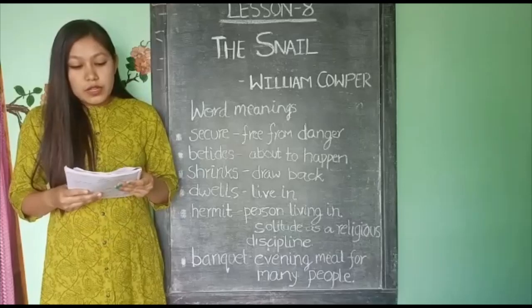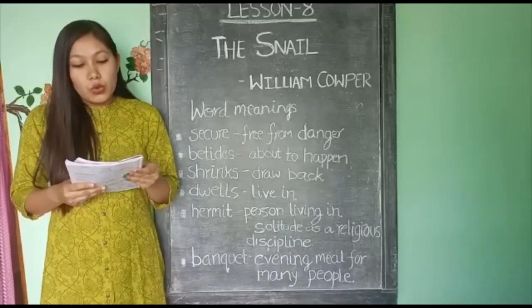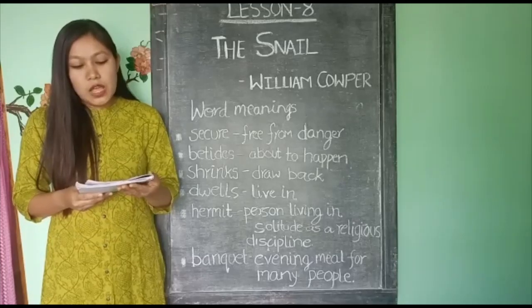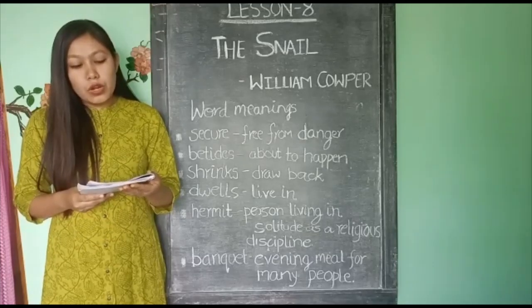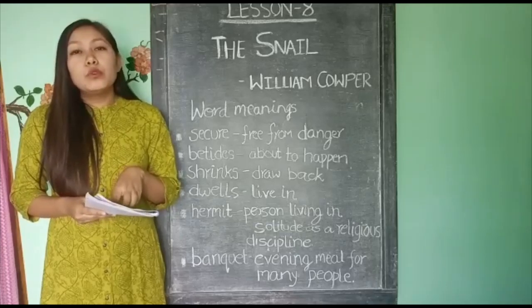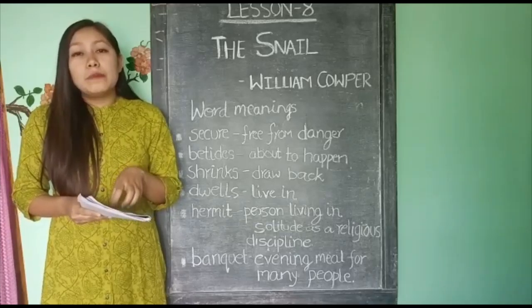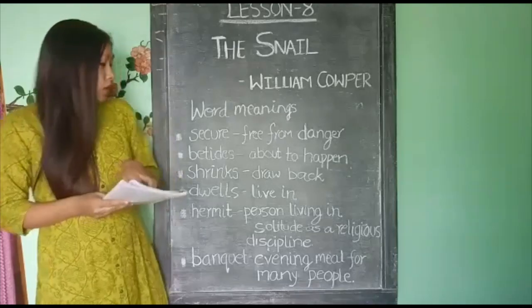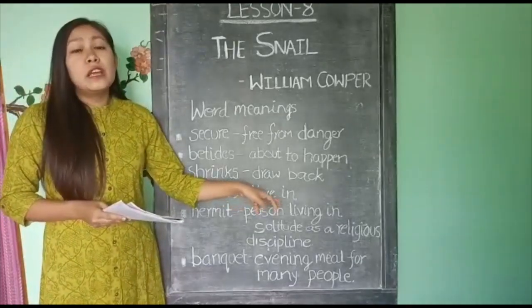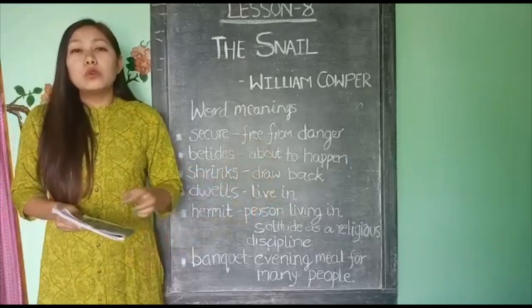So moving on to the fourth stanza. Wherever he dwells alone, except himself has chattels none, well satisfied to be his own whole treasure. Here in the fourth stanza of the poem, William Cowper has described that wherever he dwells, here means to live in. Wherever he lives or wherever he goes, he goes alone.